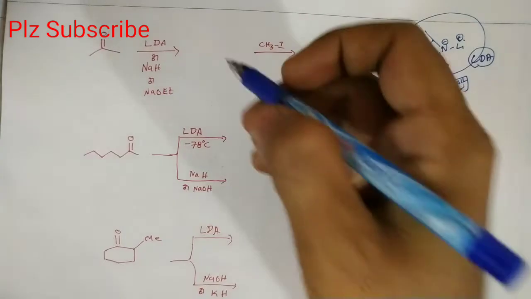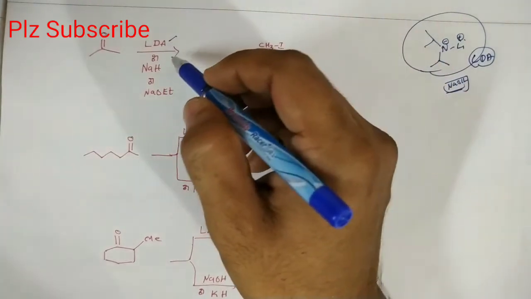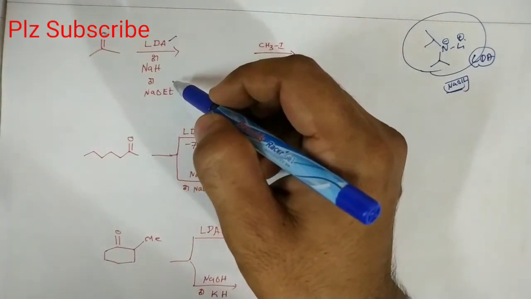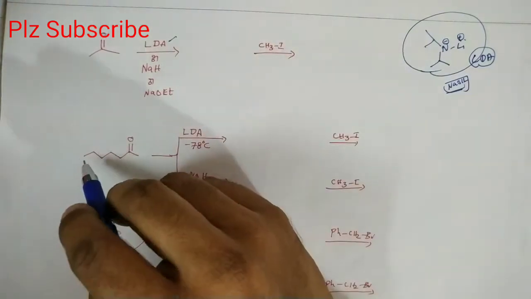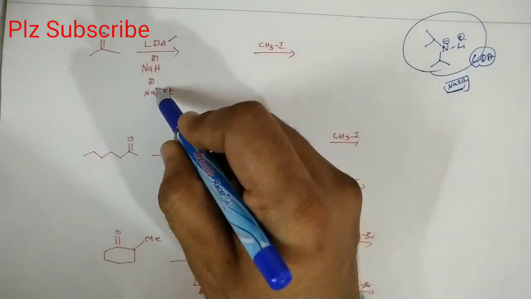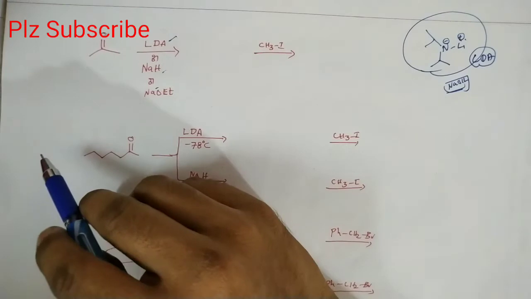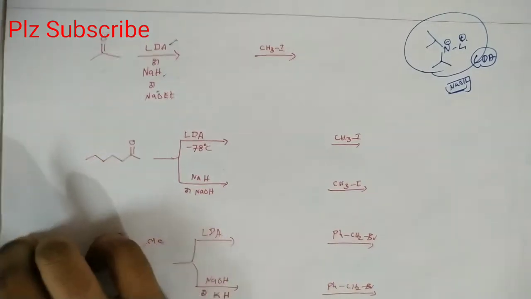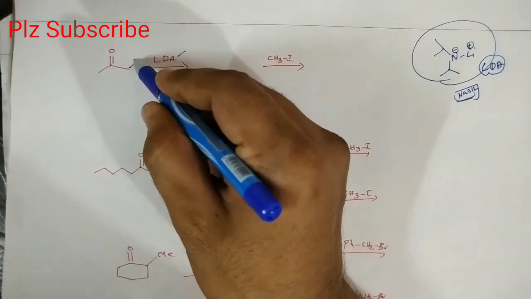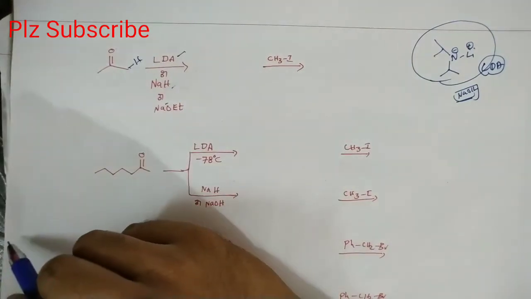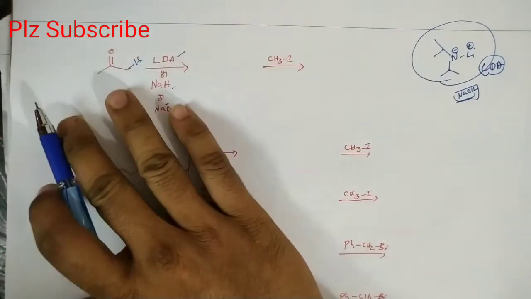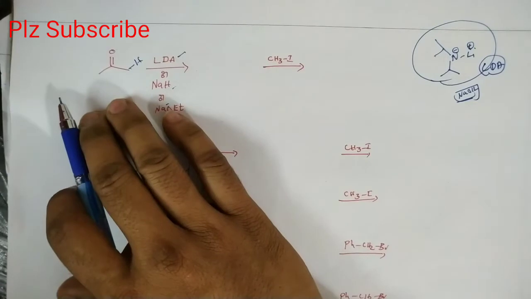So in this case LDA is given, sodium hydride is given, and NaOEt is given. These are all bases. In the presence of the base, first of all the hydrogen is removed. In this case we should use a strong base. Why?